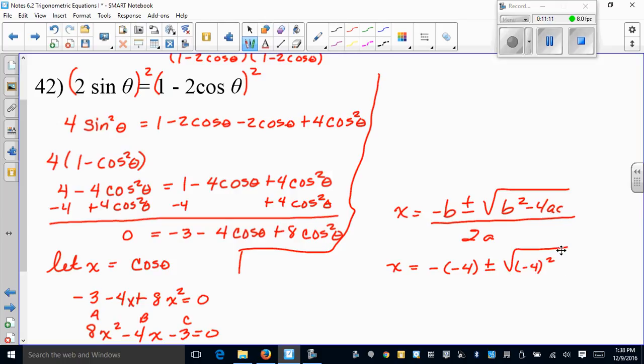I skipped these steps in the last one, so I decided not to do it this time. Minus 4 times a, which is 8, times c, which is negative 3, all over 2a, and my a value on this one is 8.